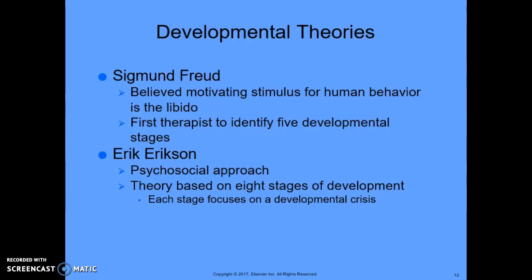Each stage focused on a developmental crisis. The 4 major components of the mind, according to Freud, are the unconscious mind, the id, the ego, and the superego. And you can look at table 18.1 for a summary of these growth and development theories.